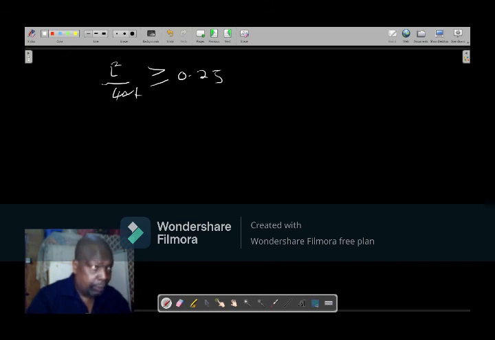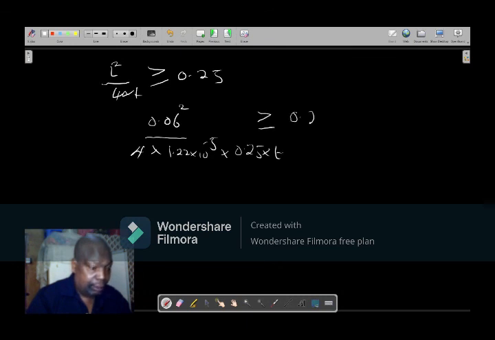So our L, which is 0.06 squared, divided by 4 times alpha 1.22 times 10 to the power of -5 times t, must be greater or equal to 0.25.